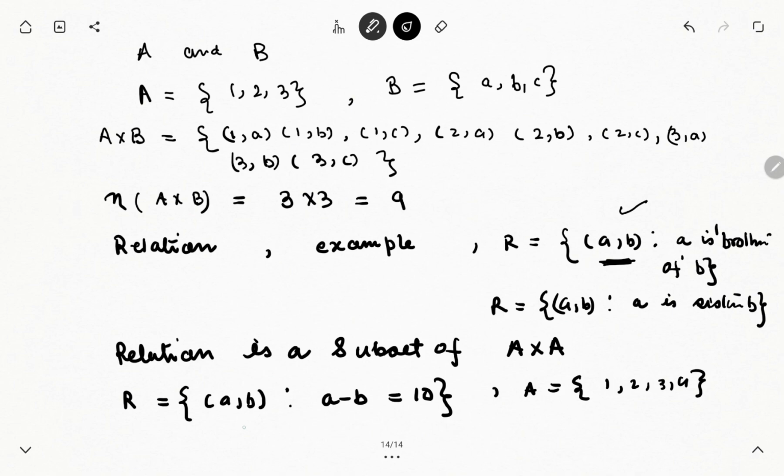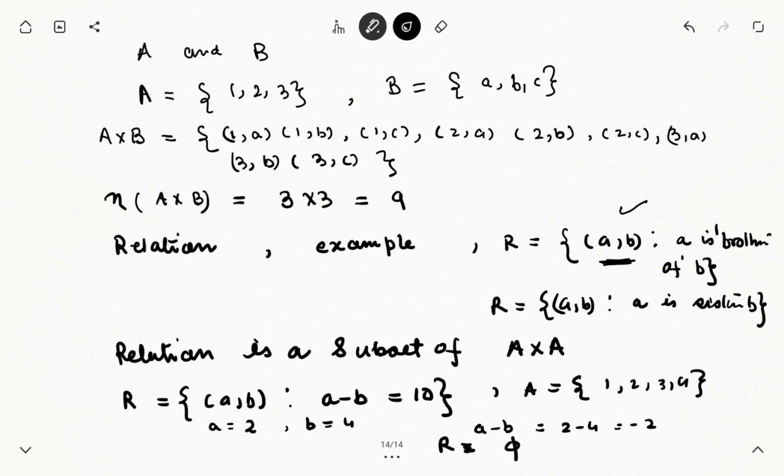For example, consider A as 2 and B as 4. Now what will be A minus B? It is 2 minus 4, that is minus 2. So you will not get any element which is giving you A minus B equals 10. So this R we will denote as empty set, null set.